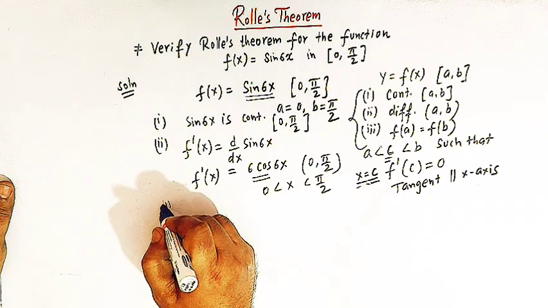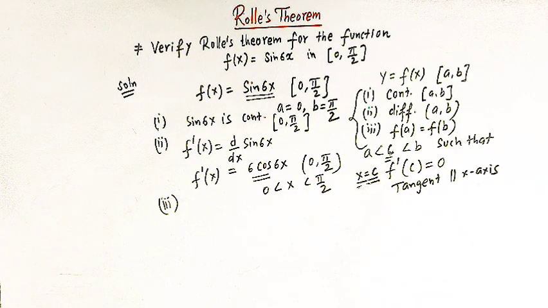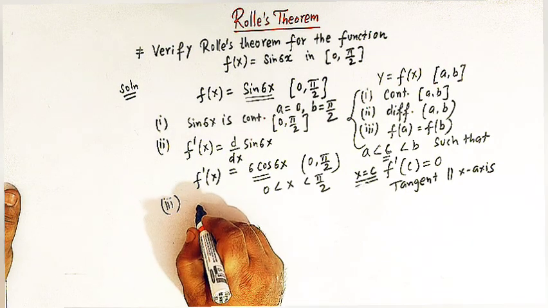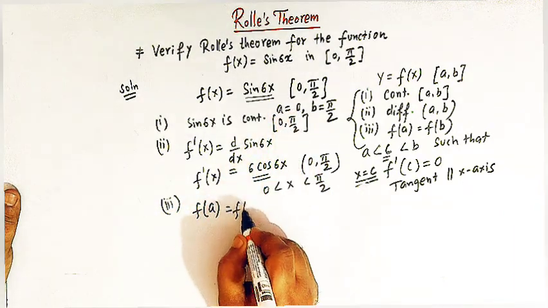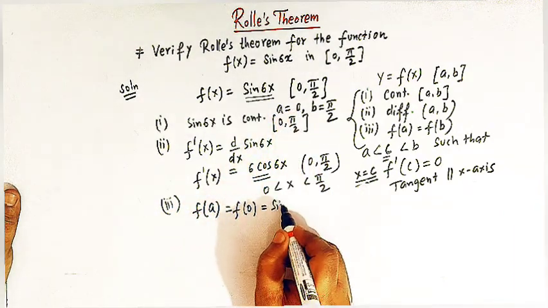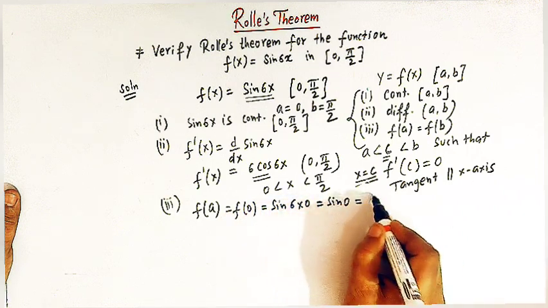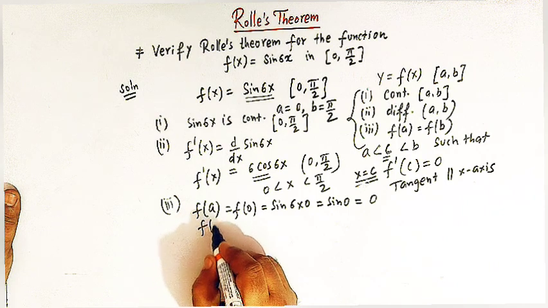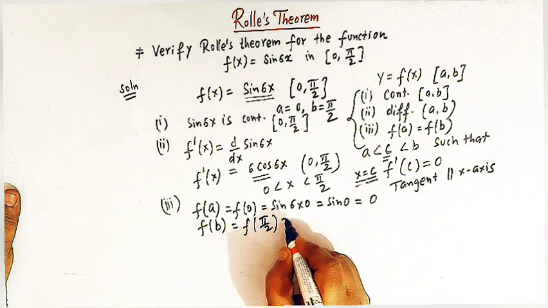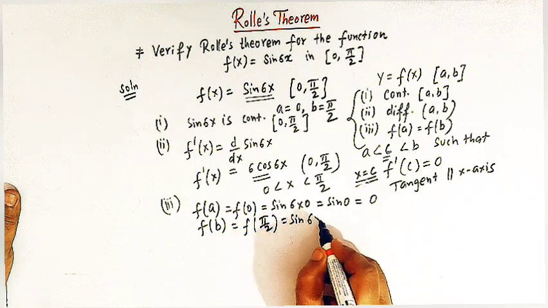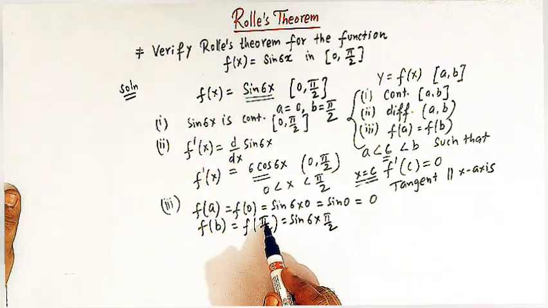Now let us consider the third condition. Let us find out f of a. So a is 0, so we have f of 0, that is sine 6 times 0, this is sine 0, and sine 0 is 0. And what is f of b? f of b is f of pi by 2, and we have sine 6 times pi by 2. Here we'll take x is equal to pi by 2.